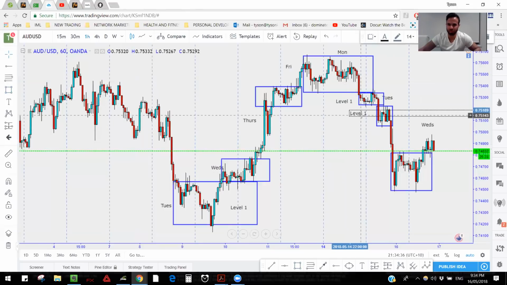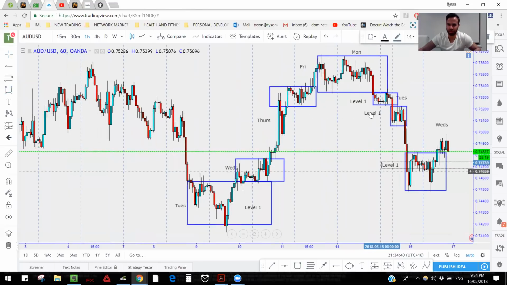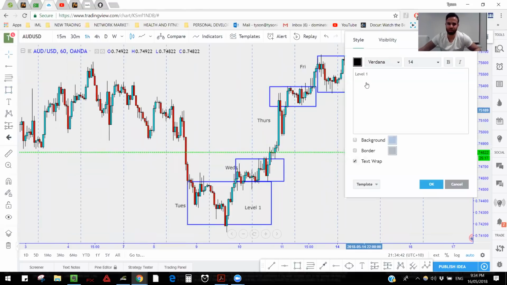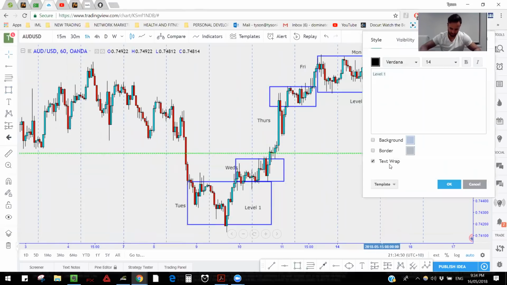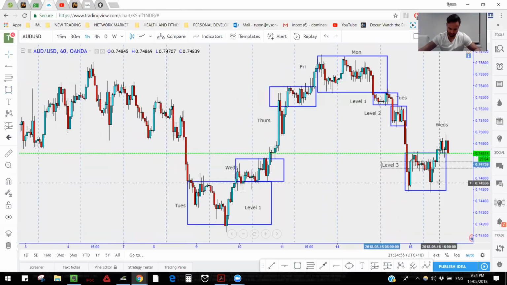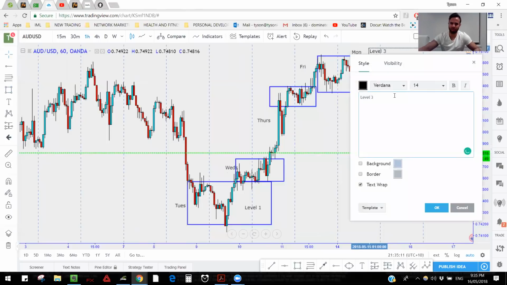Level 2. Level 3. Level 4, actually. Level 4 extended stop hunt zone.